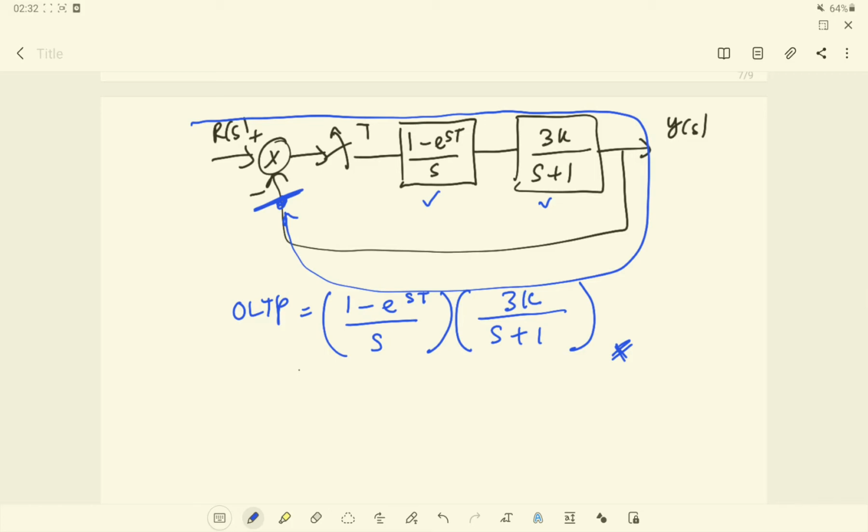So this solution is in the continuous, or time, domain. First you have to convert it.